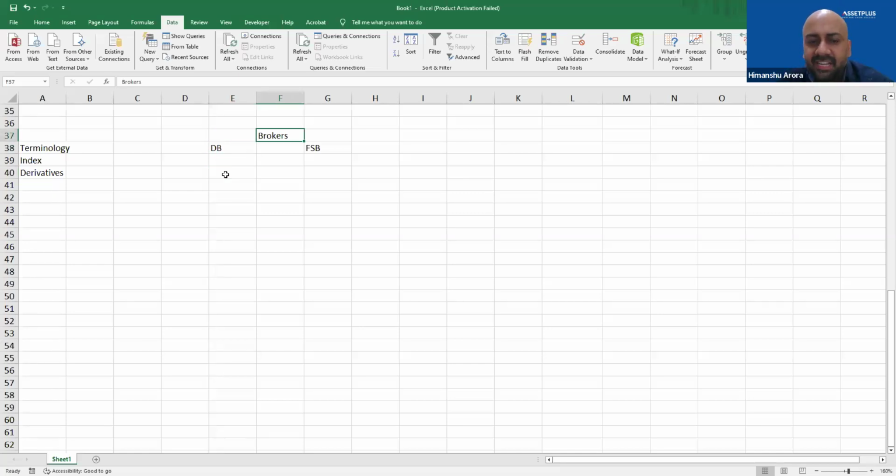Okay, so the brokers can be of two types. One is discount broker and other is full service broker. Listen to me carefully here. If you have a broker account, I believe you would agree that you require certain services from a broker. What services you require from a broker? One, trading platform.